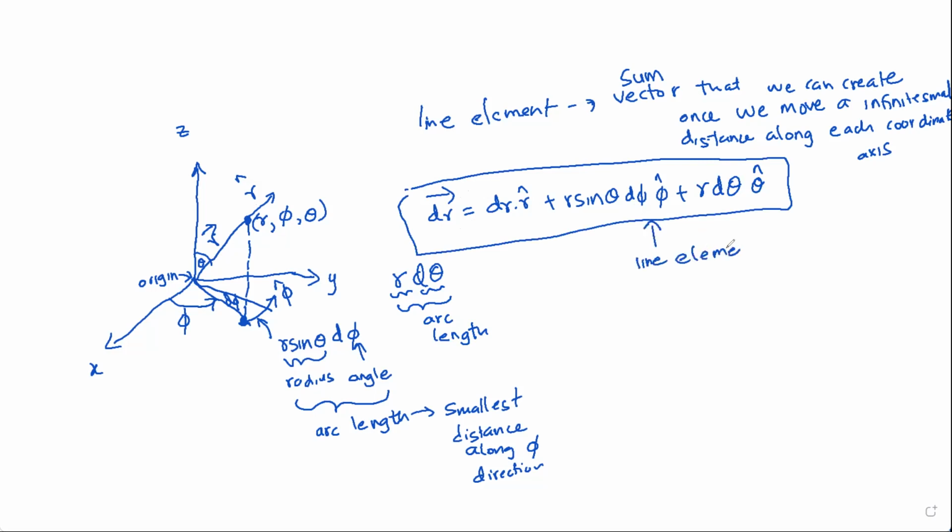Line element of the spherical coordinate system, right? So anytime we can define that the line element is this expression for the spherical coordinate system. So this is a standard expression, right? So dr, r sine theta d phi, r d theta, those are standard expressions for the spherical coordinate system. You can define this as the line element for the spherical coordinate system.